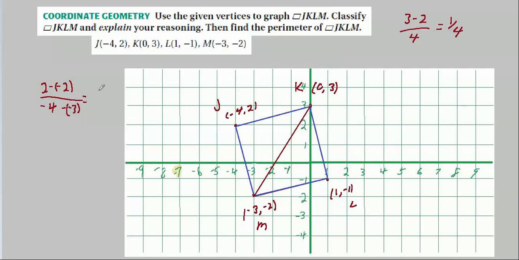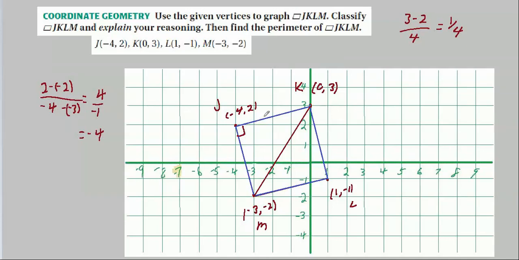That's 4. This is minus 4 plus 3, which is minus 1, which is equivalent to negative 4. So, we have a right angle. Now we have to decide, do we have a rectangle or a square?